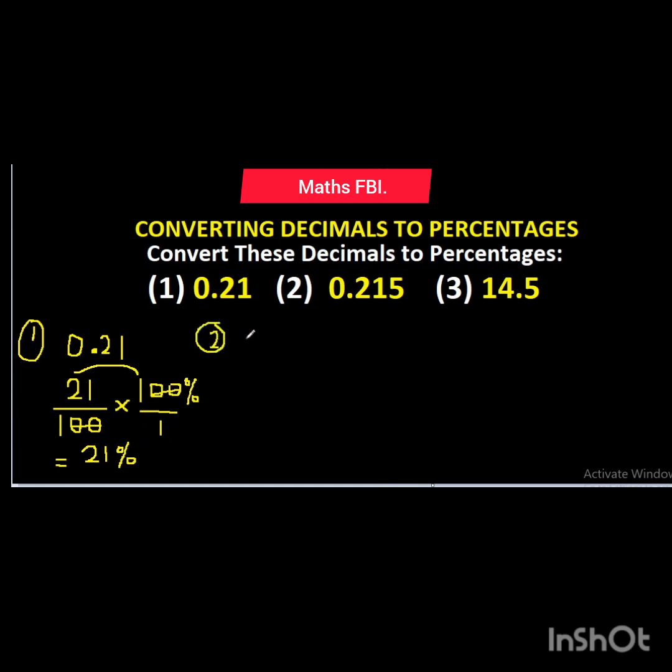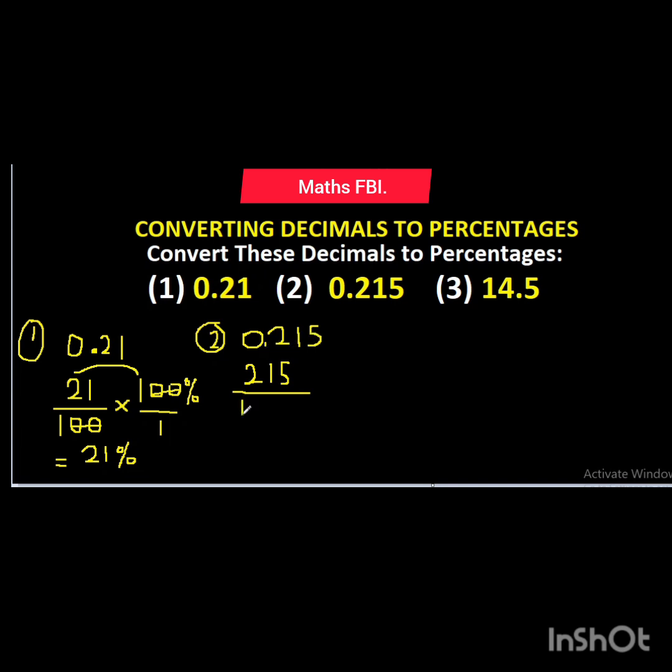We've got 0.215. Convert it to a fraction: 215 is actually 215 thousandths. You have 3 digits after the decimal point here, right?